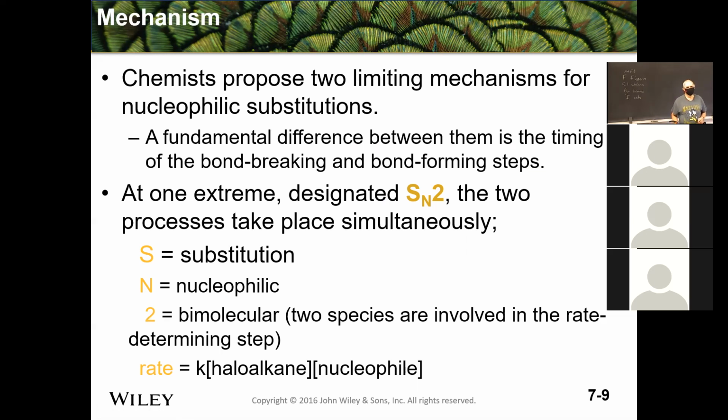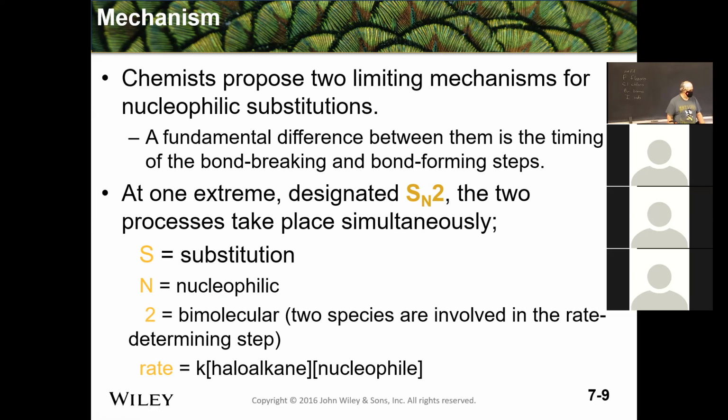And then there are two molecules that make up the transition state. Not only is it bimolecular, but it is also kinetically second order. So this is the general rate law for an SN2 reaction. The rate is equal to some rate constant times the haloalkane concentration times the nucleophile concentration.